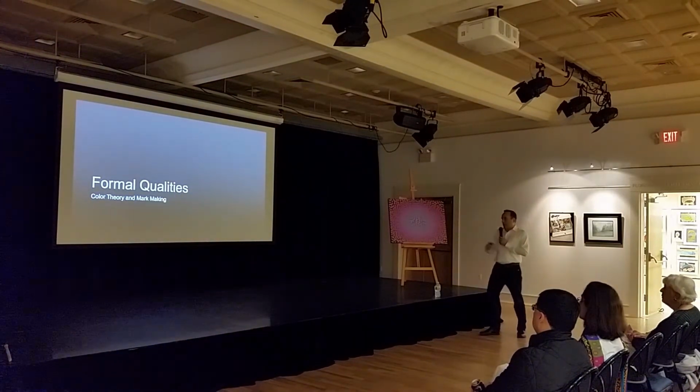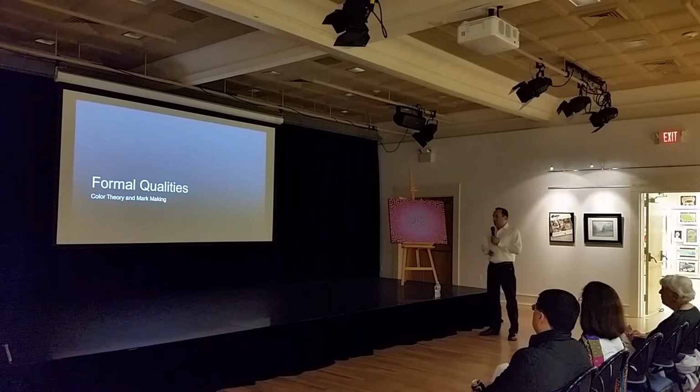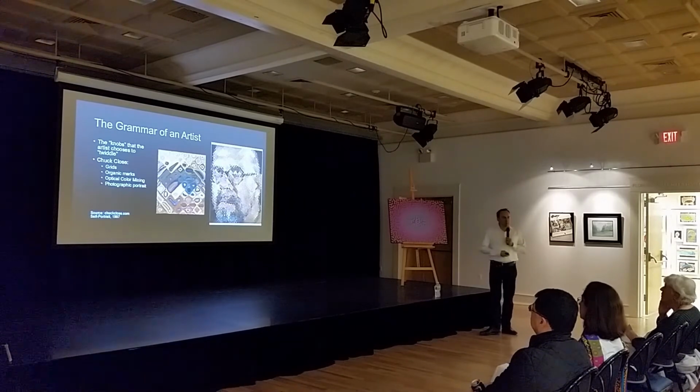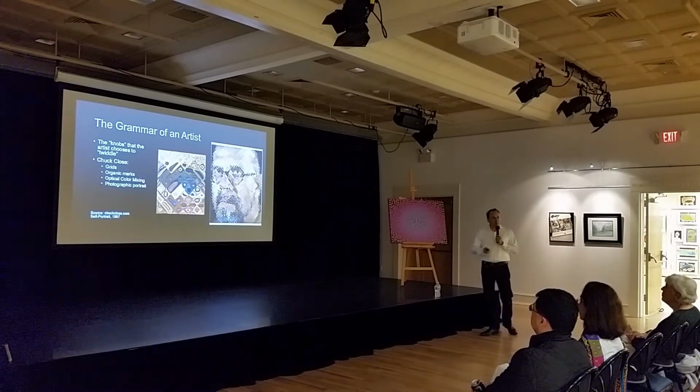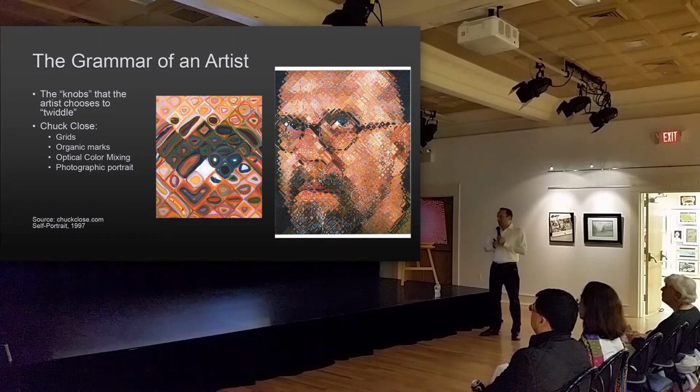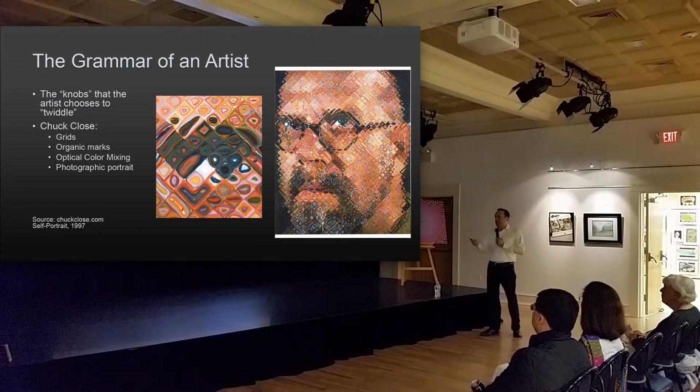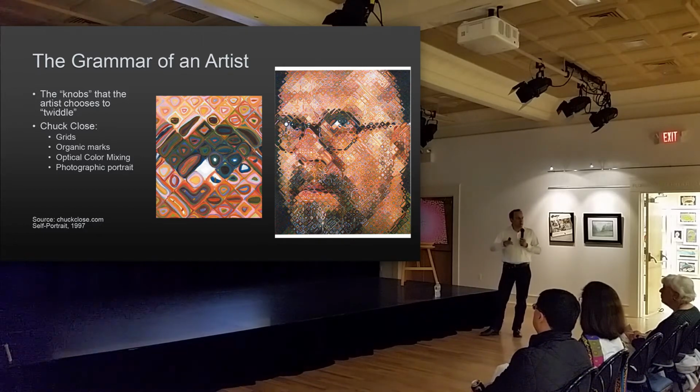So another way artists can introduce meaning, or at least things to look at, is through formal qualities. And I mentioned earlier, Richard Kleeman talks about the grammar of organized organic abstraction. And I think of the grammar or the vocabulary of an artist as the knobs that the artist chooses to twiddle in making his or her body of work.